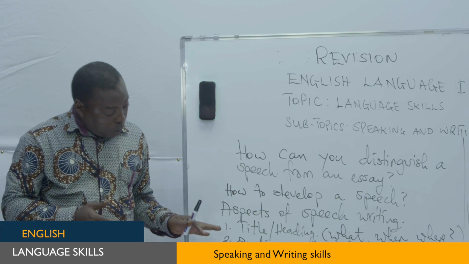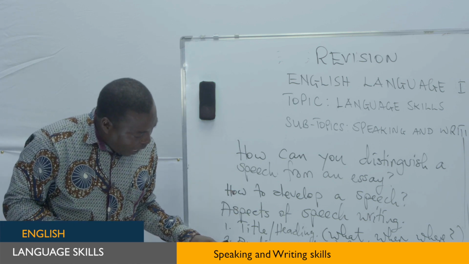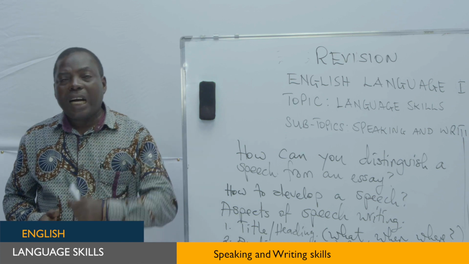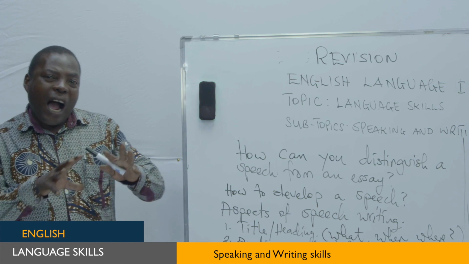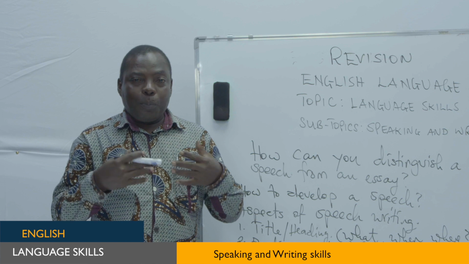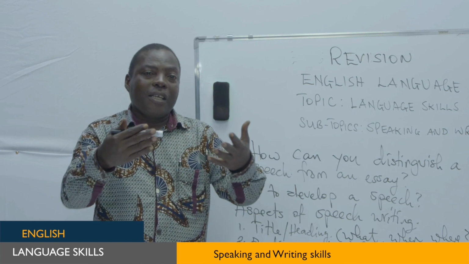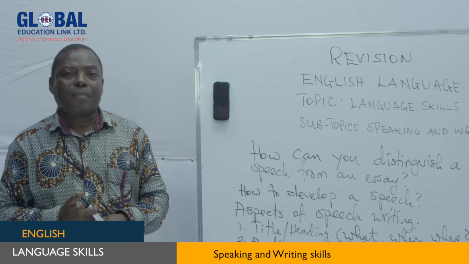Coming to aspect number 2, under speech development, you have to have audience acknowledgement. The people who are in that place, which means the speaker and the audience, sometimes can see one another. So there's face-to-face.